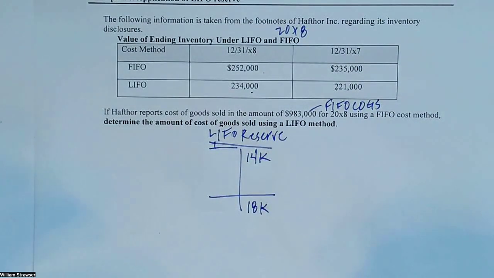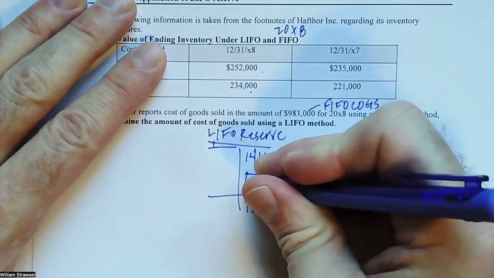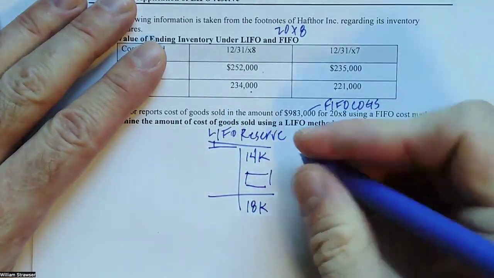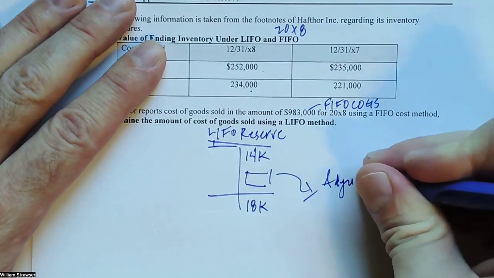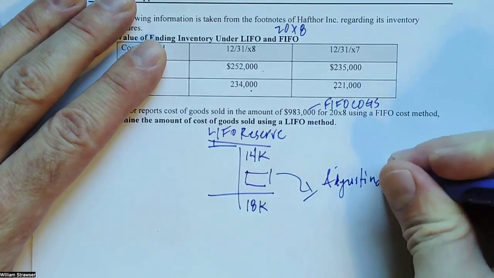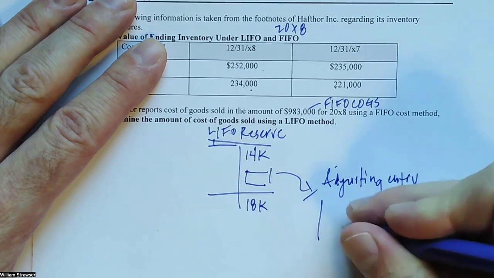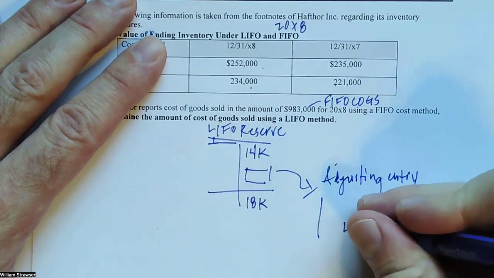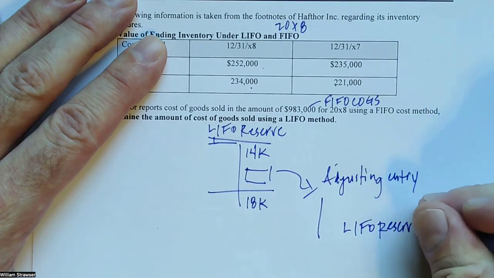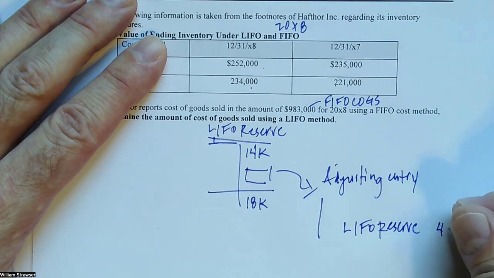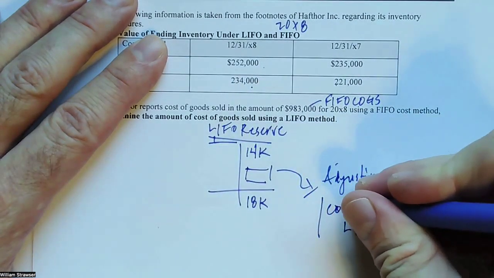So once we have the balances, it becomes more apparent what adjustment had to have taken place in order to get that balance to switch. And this is my adjusting entry for the LIFO reserve. I need a credit, so I'm going to credit the LIFO reserve for 4,000. And I need a debit to cost of goods sold.